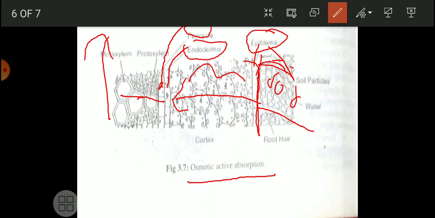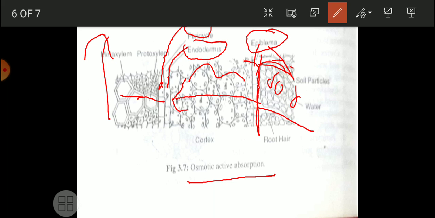Now that capillary water enters because of the imbibition process. Imbibition, in the sense that the cell wall of a root hair is composed of many such things, molecules which are hydrophilic in nature.